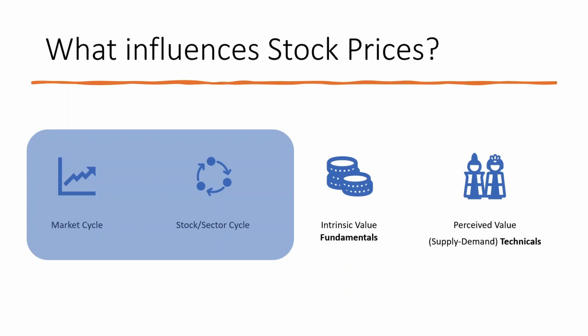Now we have covered the two topics of market cycles and stock and sector cycles. So we saw that the market cycle is directly influenced by the ongoing economic cycle or by any major global event such as a pandemic or a war. So any investment made during a distribution stage in the market cycle may not do as well as something that you've bought during the markup stage.